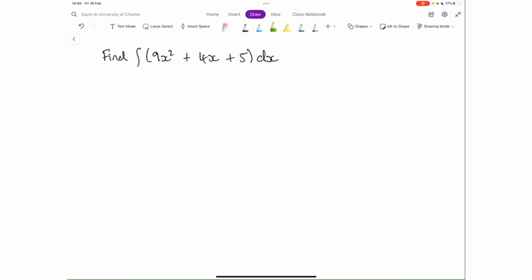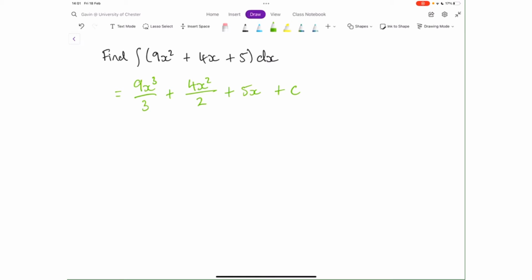So how do I go about doing that? Well, the first thing I do is add 1 to the power, so that's going to become 9x cubed, and I divide by the new power. I can do exactly the same again, add 1 to the power and divide by the new power, and again add 1 to the power, no need to divide by 1 here, plus my constant of integration.